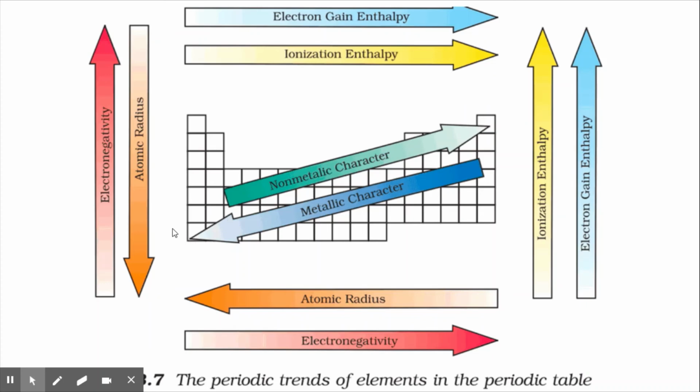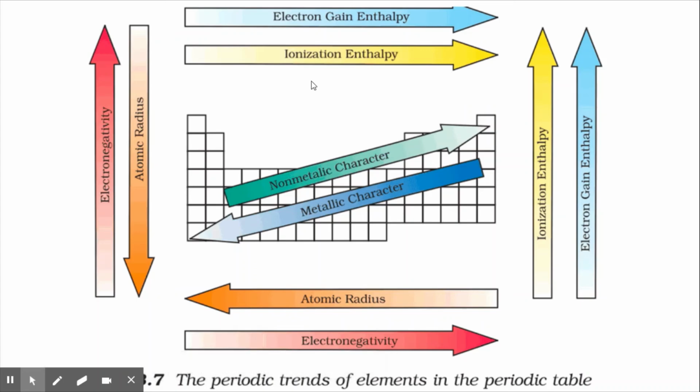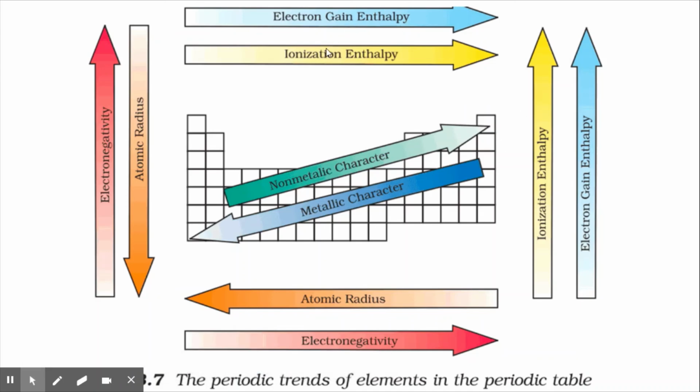And then we also have things like atomic radius that goes up as you go down the chart, and it goes up as you go over. We have things called electronegativity that increase as you go up and to the right. And then there's other things like electron gain or ionization enthalpy.